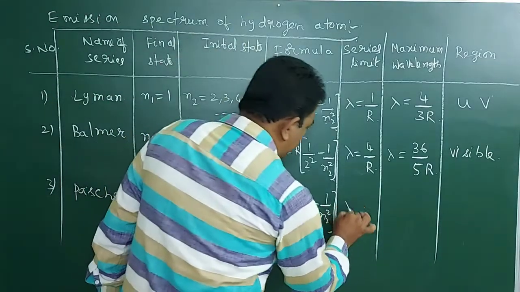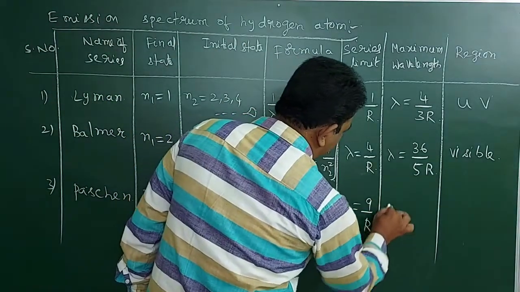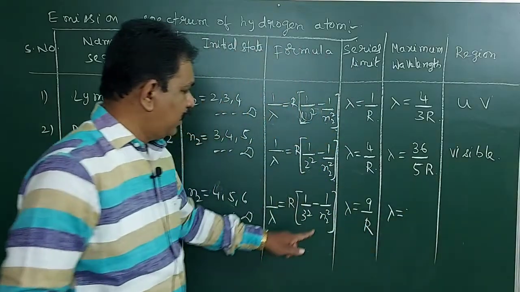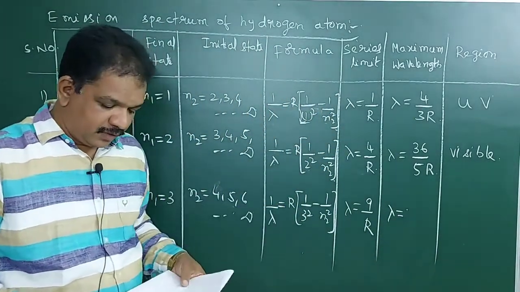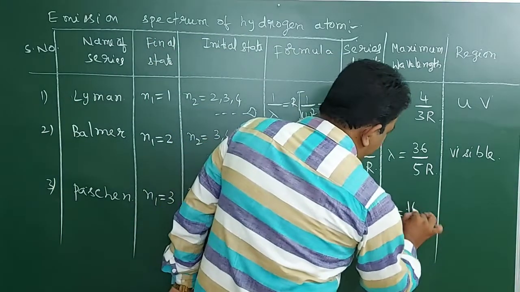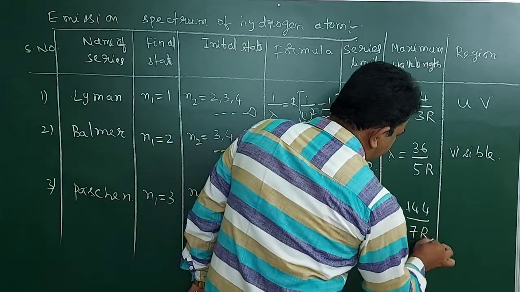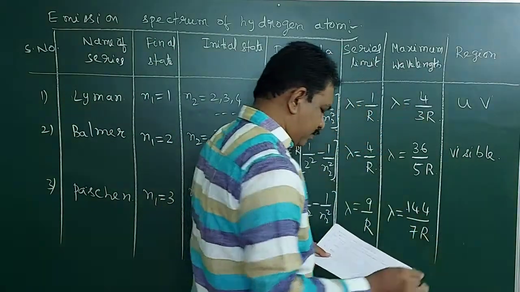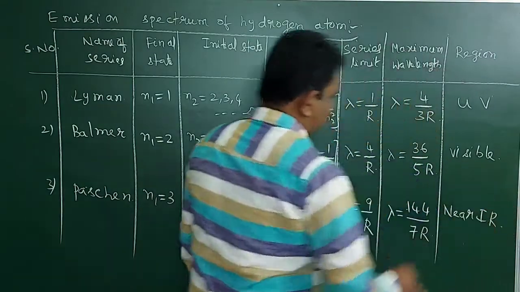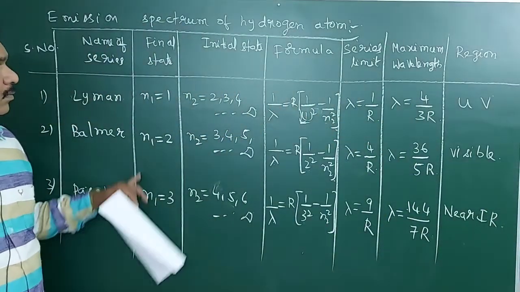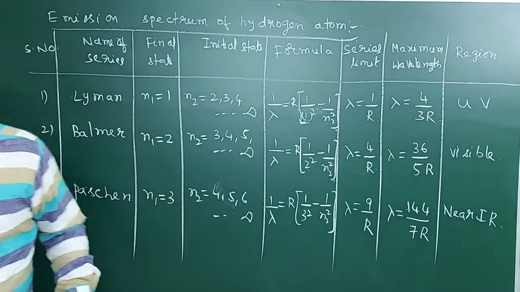So here lambda is equal to 9 by R. Here if you take 4, then how much? 144 by 7R will come. This is the near infrared region. Okay, note down all of this.